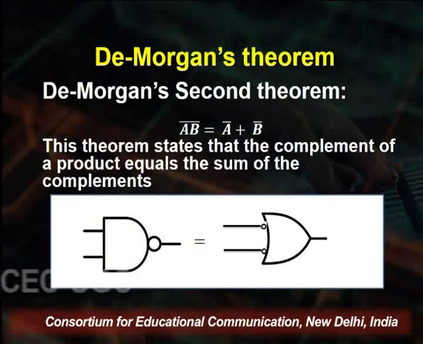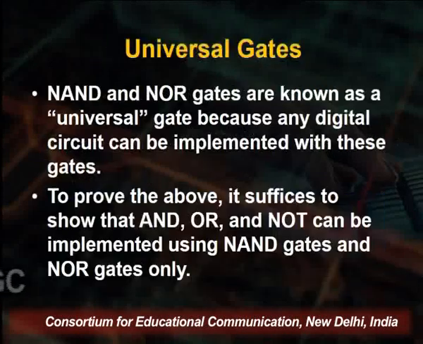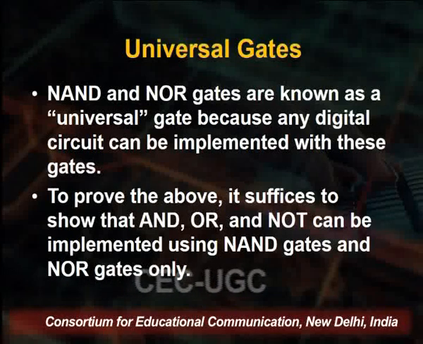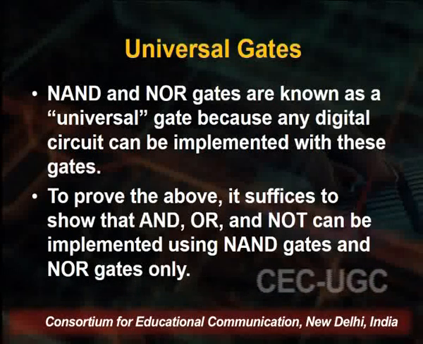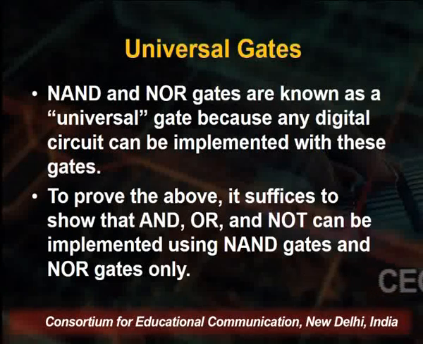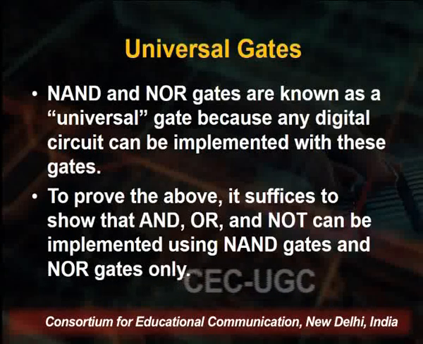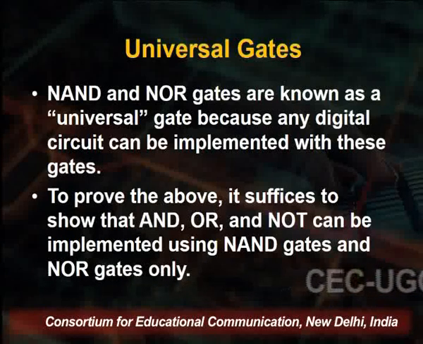This is easily seen from the truth tables that we actually have written. So, therefore, NAND gates and NOR gates are generally defined as universal gates, because in any digital circuit we can use these gates to simulate the functioning of other gates.